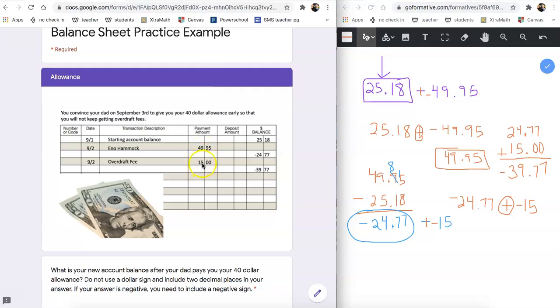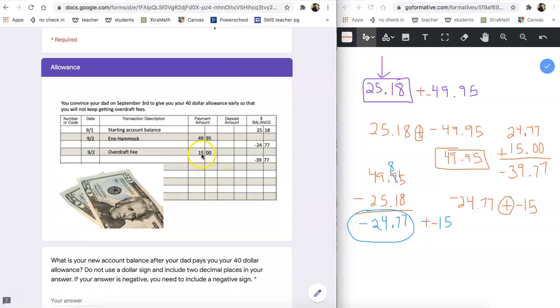The $15 was in the payment column because we had to pay the bank an extra $15 for overdrafting the account. Basically, the bank is letting us borrow money, so they're going to charge an overdraft fee. So now your dad is giving you an allowance of $40. That's going to go in the deposit section because we're actually adding money to the account.